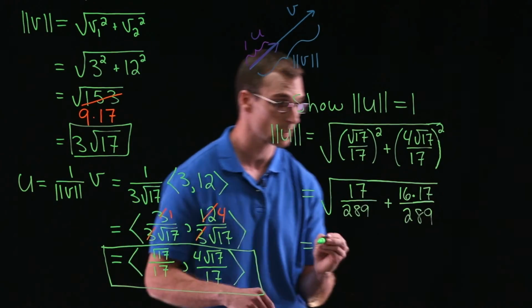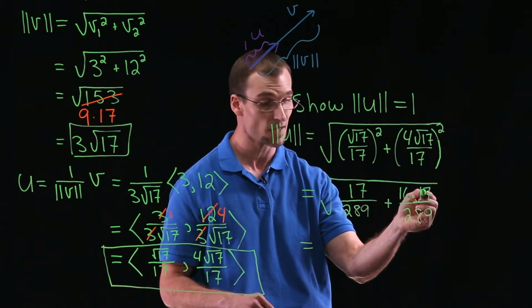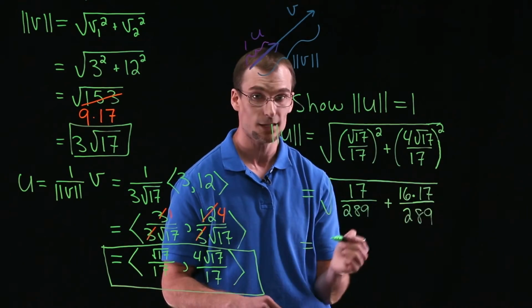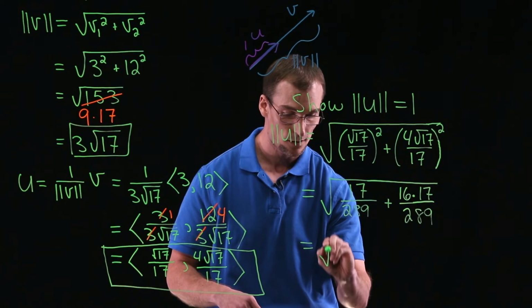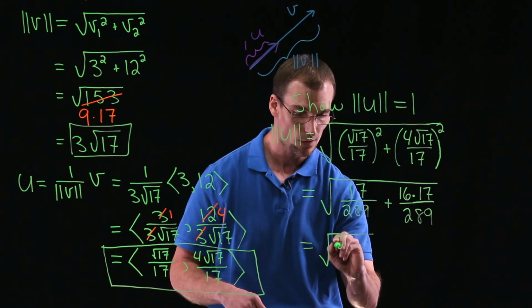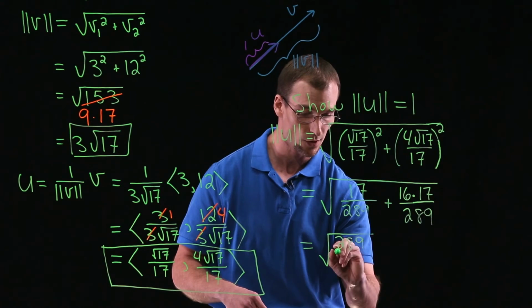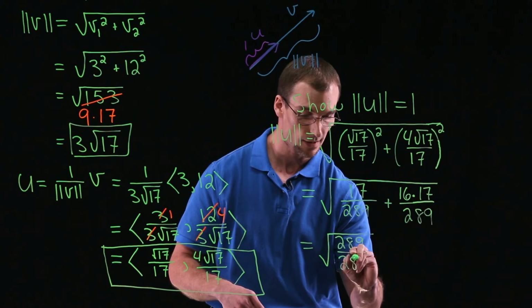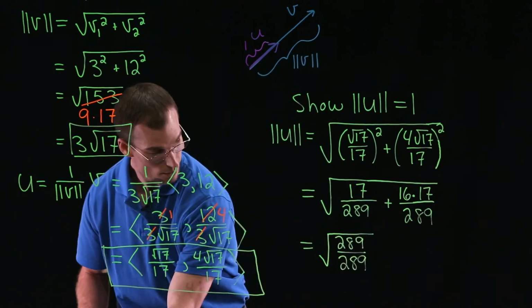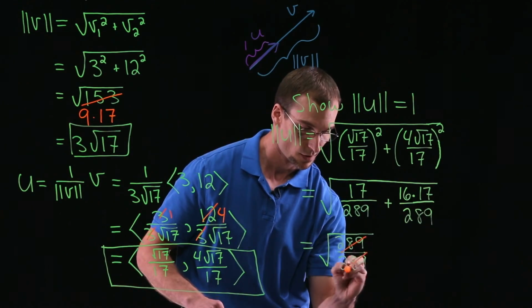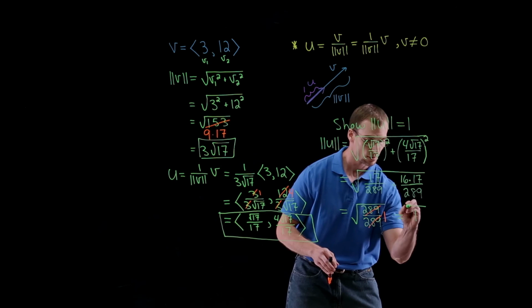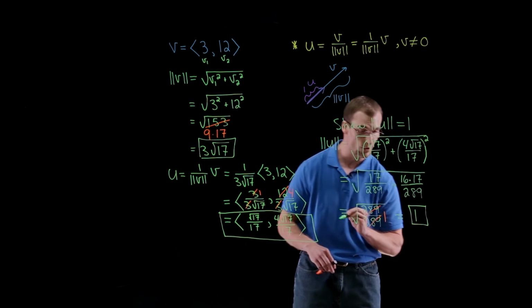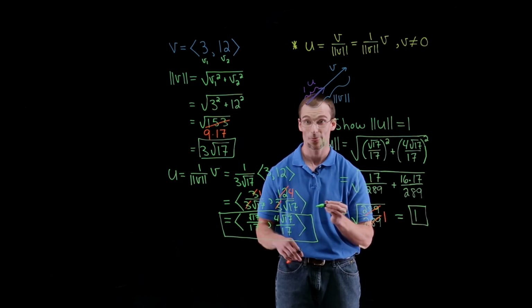There are a couple of different ways to do it. If we just notice that 16 times 17 plus 17 gives us 17 squared, which is the common denominator, 289, this simplifies to the square root of 289 divided by 289, which of course is the square root of 1, which is 1. And so we verified that our unit vector has length 1. Thank you very much.